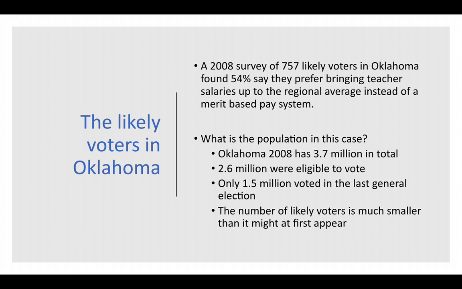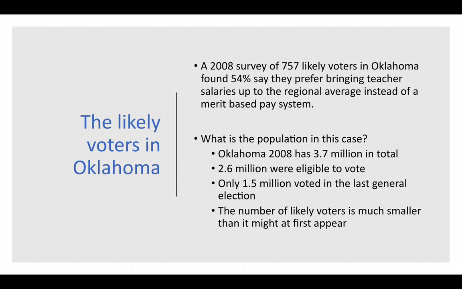But we can look at the historical data. Within these 2.6 million, only 1.5 million voted in the last general election. Which means if we don't see a significant increase, the number of voters is probably going to stay the same or be smaller.